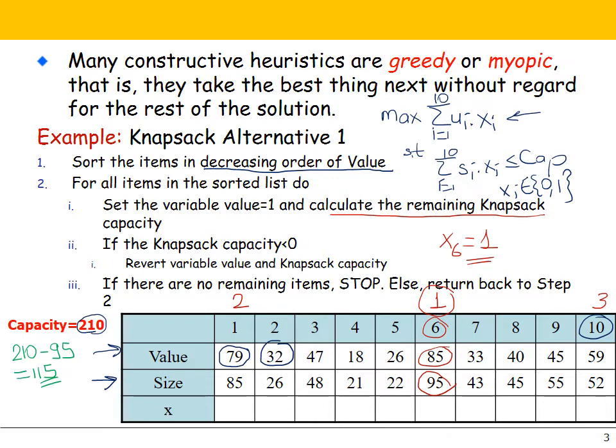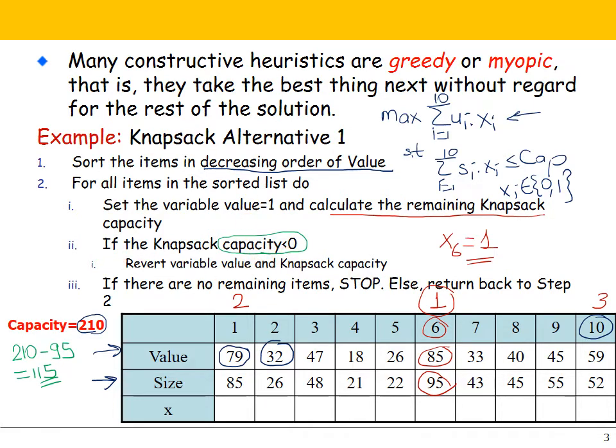In the third step, it says that if the knapsack capacity is less than 0, it means that you placed an item and the capacity dropped below 0. So you exceeded the capacity, and you cannot put that item into your knapsack. The algorithm tells us that if that's the case, take the last item out of the knapsack and then continue with the next item.